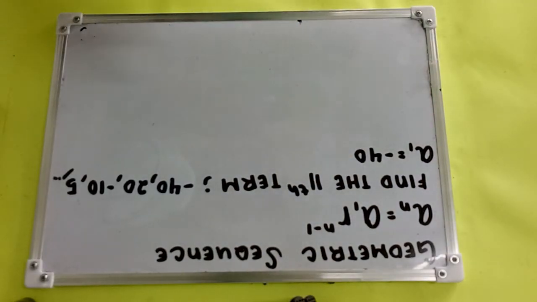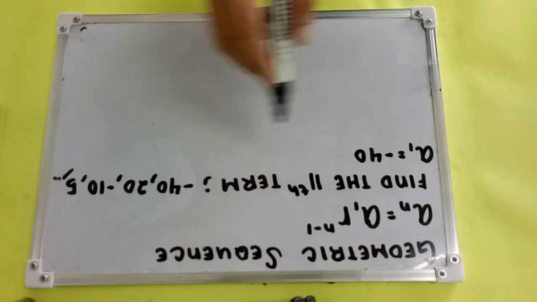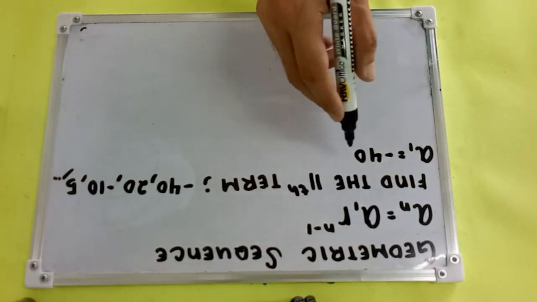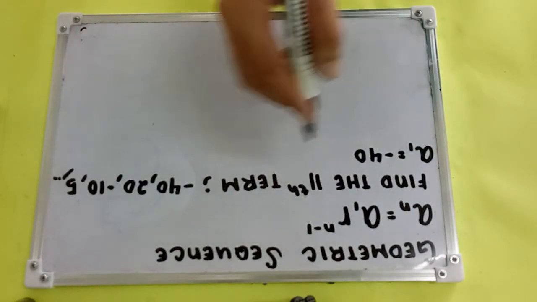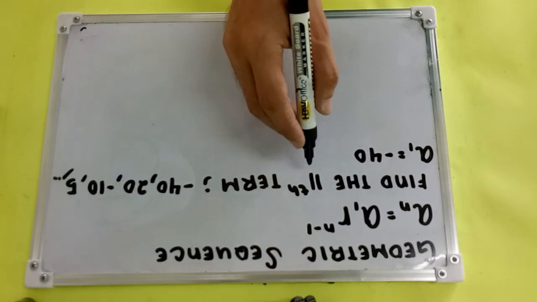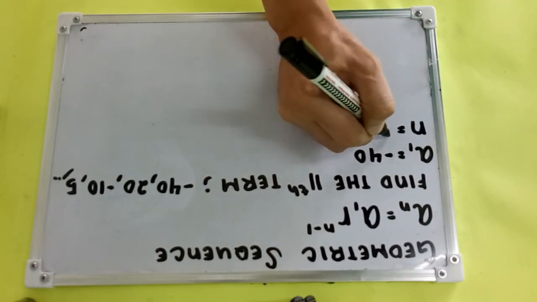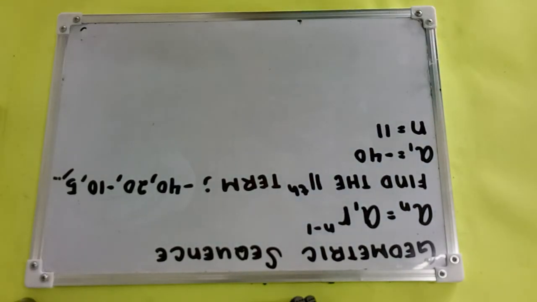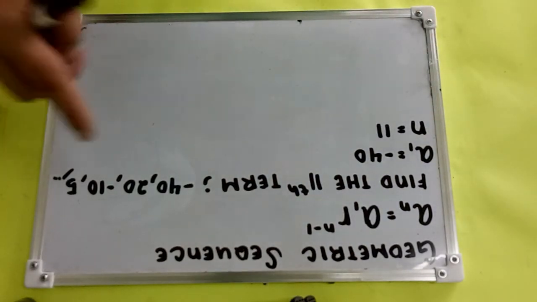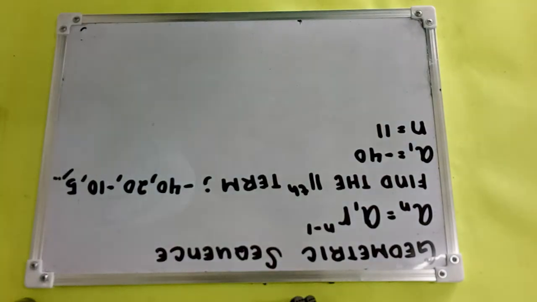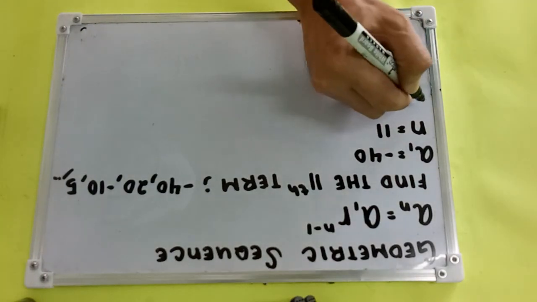Next, based on the instruction, we have to find the 11th term. It means there are a total number of terms, which is 11. So we have 11 terms starting from negative 40. And can we identify the common ratio?